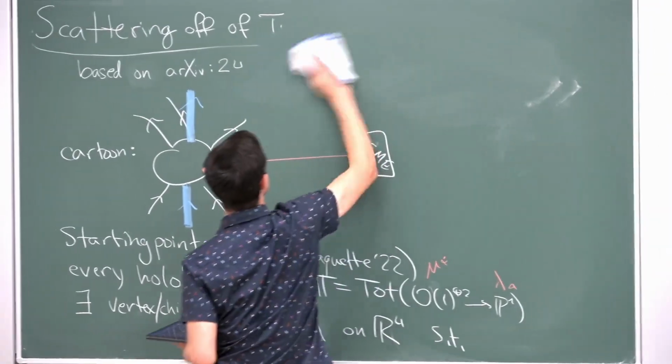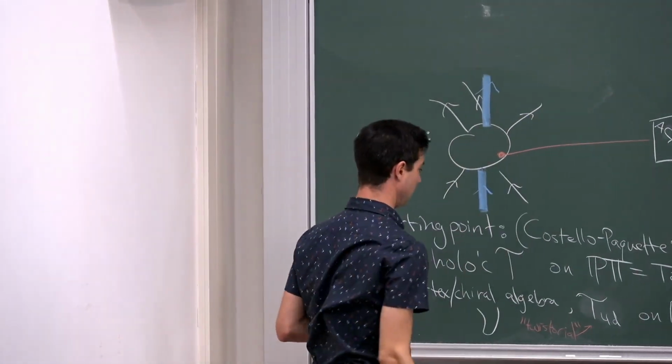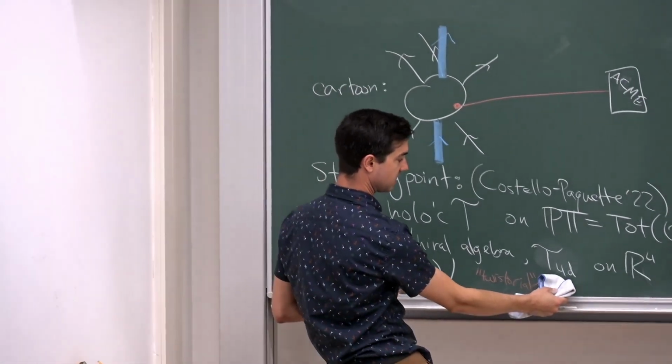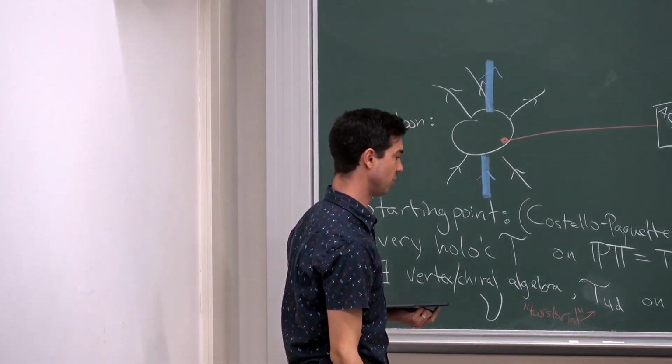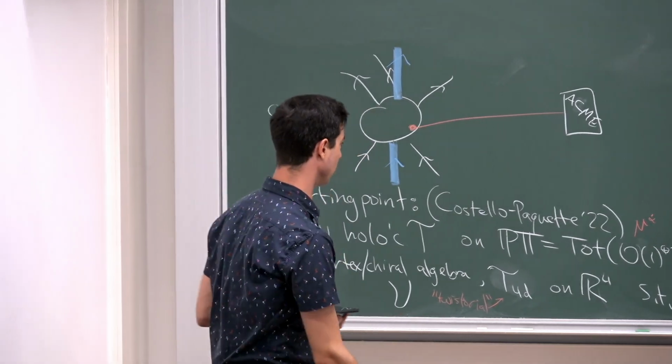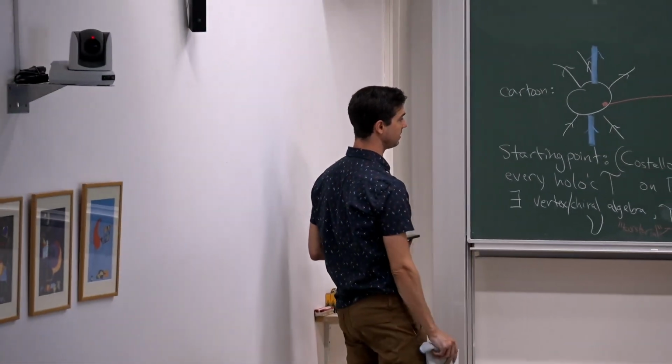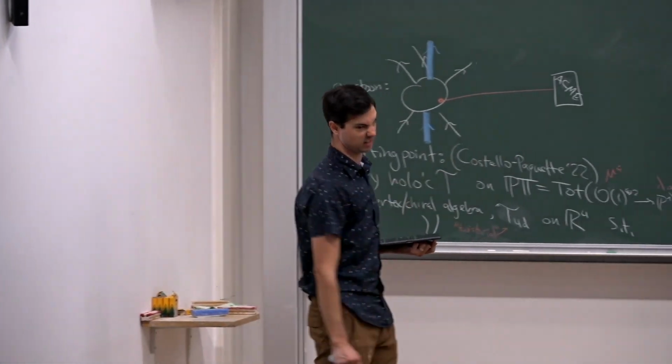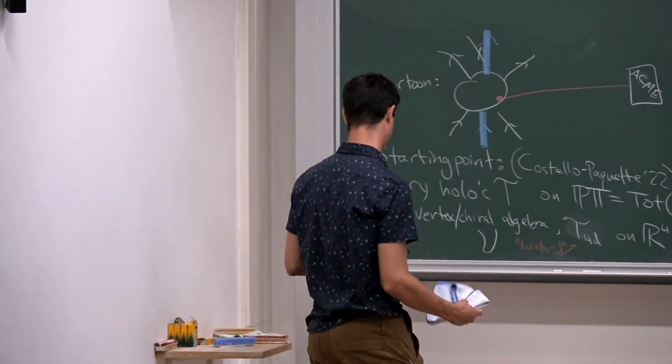So if we're interested in studying scattering in the presence of line defects in our twistorial theory T4D, the main game will be to take our 6-dimensional holomorphic theory T and place it on that non-Hausdorff space PTQ.